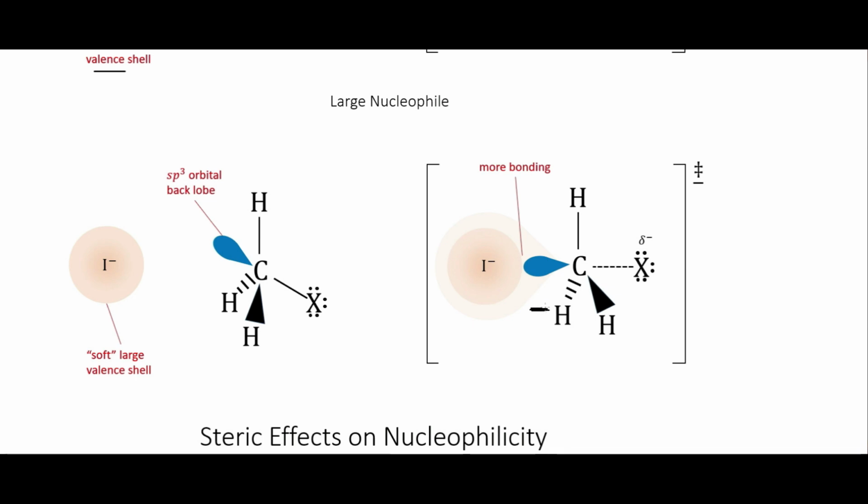And so the iodide is going to act better as a nucleophile than the fluoride because of its larger size, being able to engage in more bonding in the transition state. And that's going to help it become a better nucleophile.